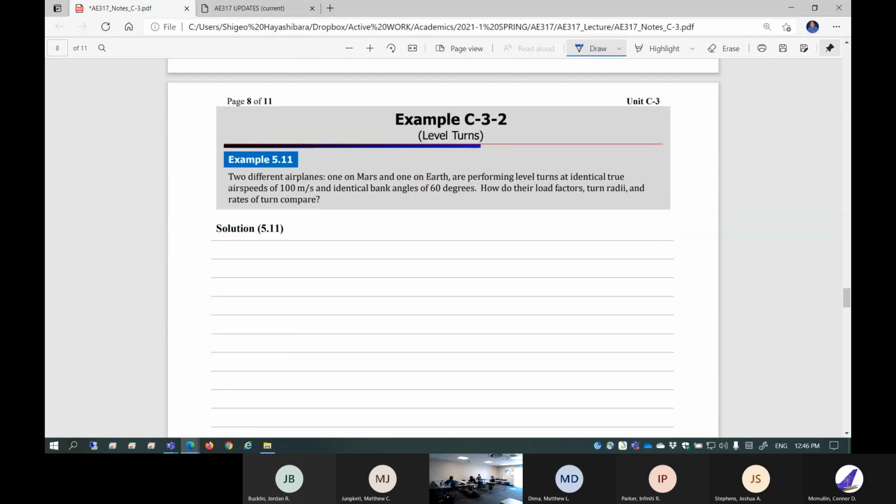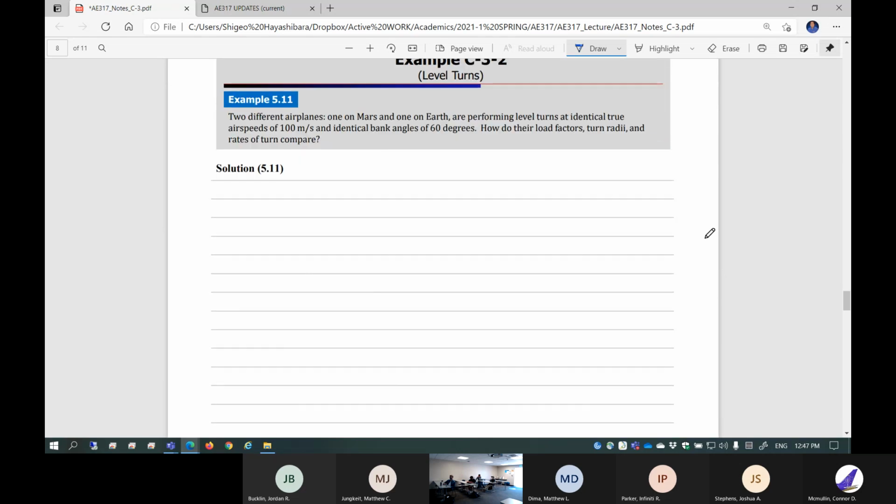So next page, let's take a look at an example. Example is very simple. Level turn example. Two different airplanes, one on Mars and one on Earth, performing level turns at identical true airspeed, 100 meters per second, and identical bank angles of 60 degrees. How do their load factors, turn radius, and rate of turn compare?